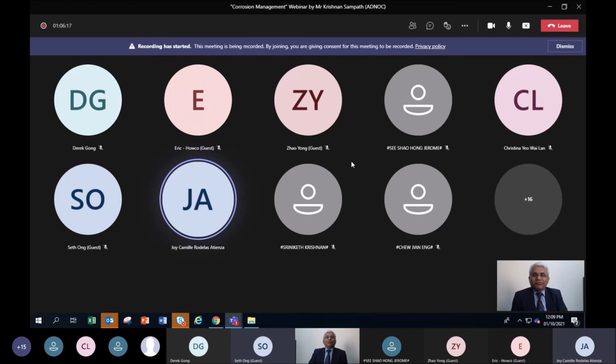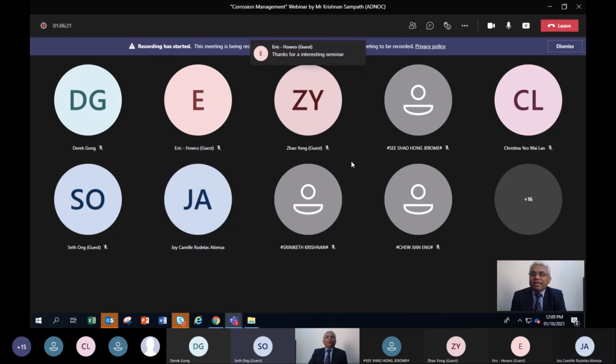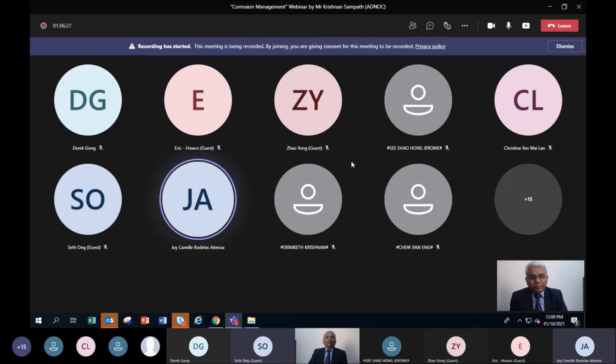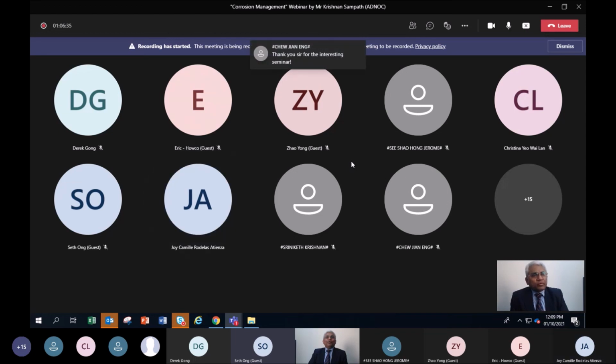I have something very important to mention here. I would like to talk about ADNOC's values, which, as a materials and corrosion engineer, I relate to a lot. The values say that first of all comes 100% HSE.